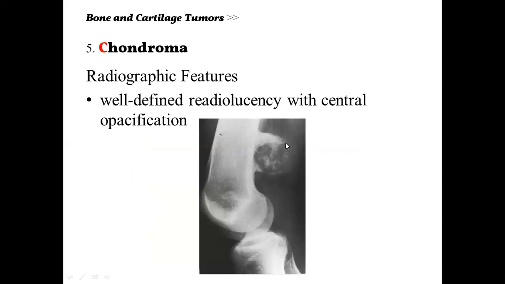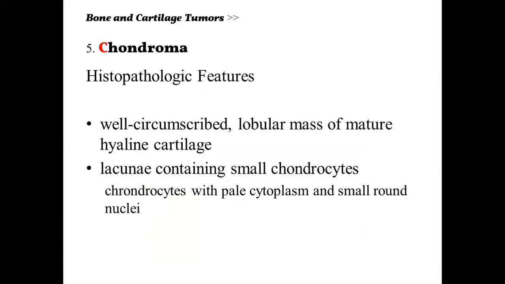But I think it will surely resemble this one if it occurs on the craniofacial bones. Histopathologically, it's a well-circumscribed lobular mass of mature hyaline cartilage. Lacunae containing small chondrocytes. So the chondrocytes have pale cytoplasm and small round nuclei. Okay? So yung mga lacunae contain small chondrocytes.